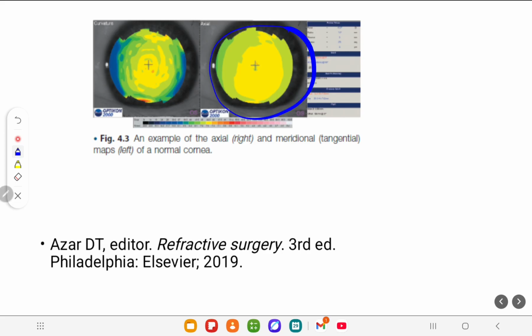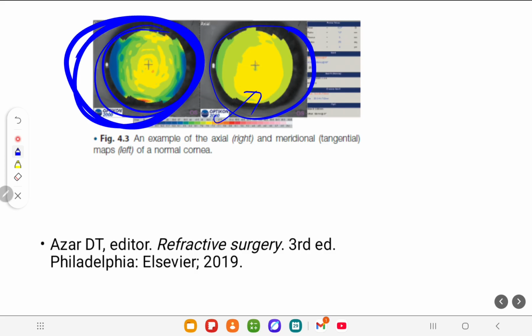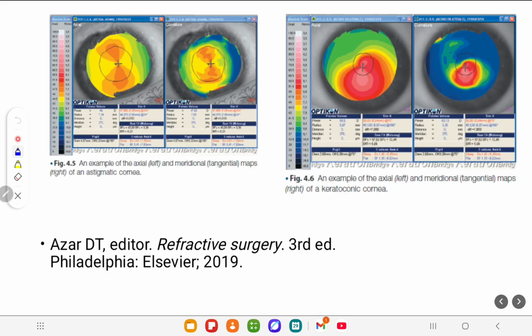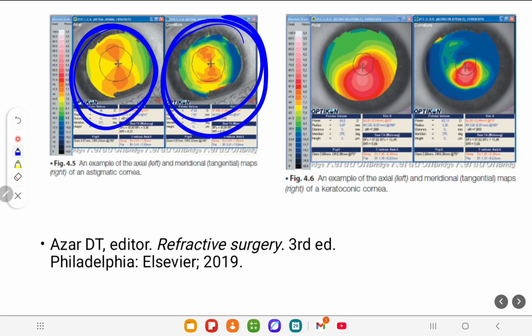The left is tangential and the right is actually axial, this is smooth. The left one is tangential, isn't it? Can you see there are small irregularities? So the same thing is going to happen. This is sagittal and this is tangential. Can you see? And this here is a very good example.